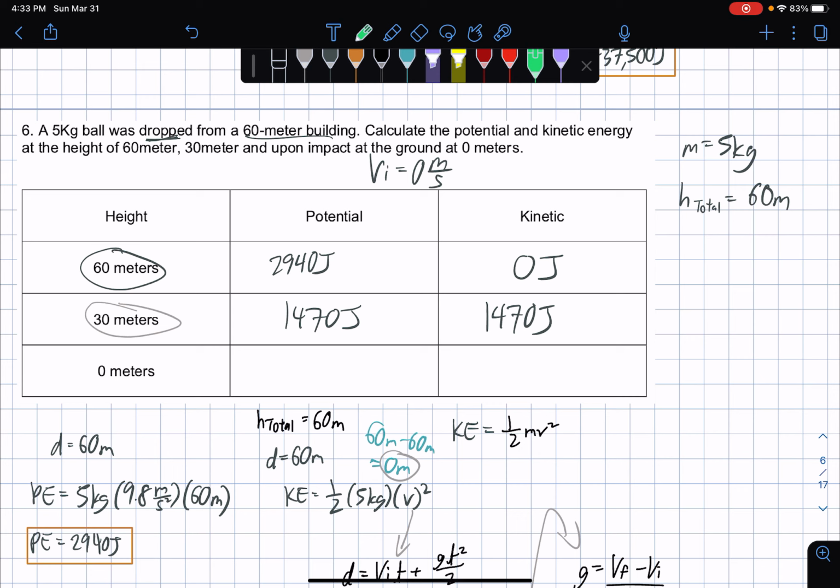What can be observed from this table, from the values that we so far have? So again, TME is equal to PE plus KE. So all of them, this one amounts to 2,940. If you add these two, it's going to amount to the same thing.